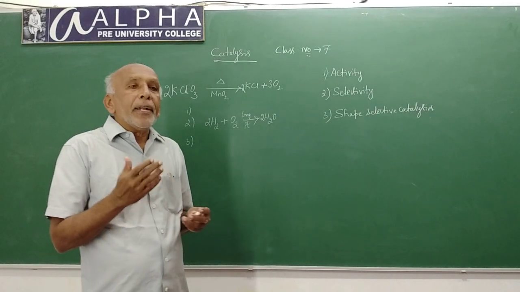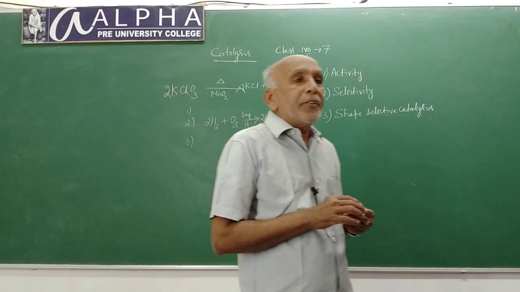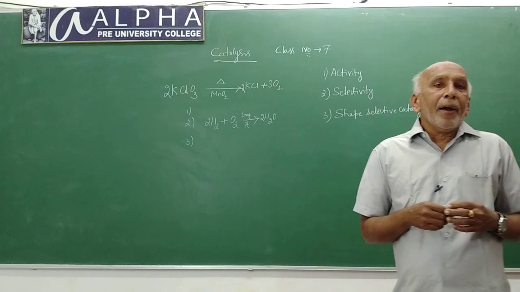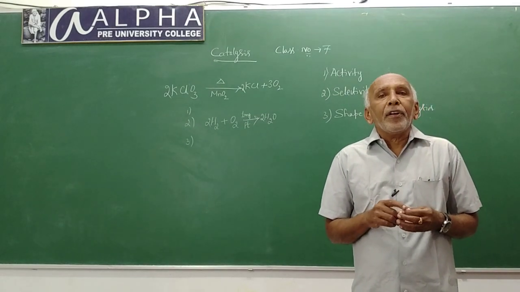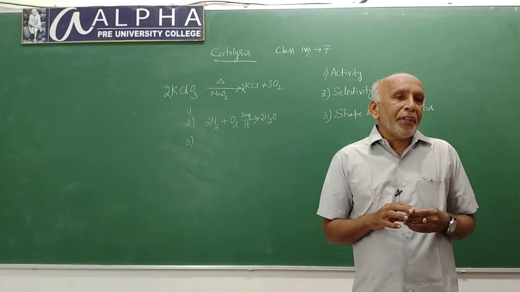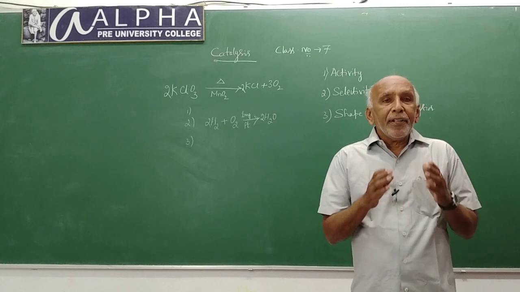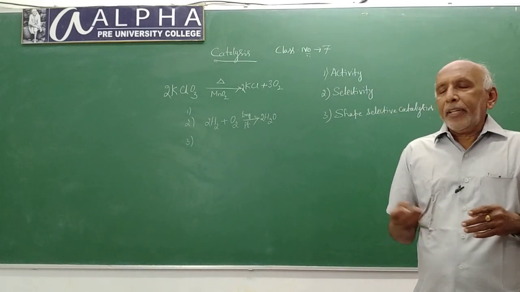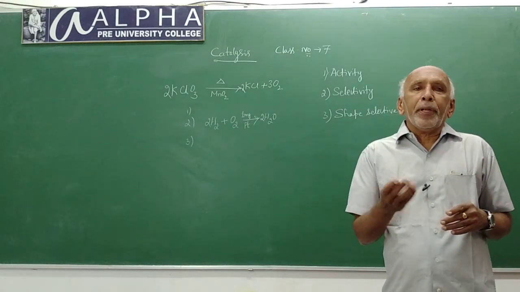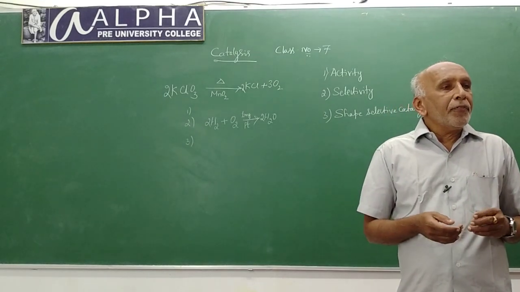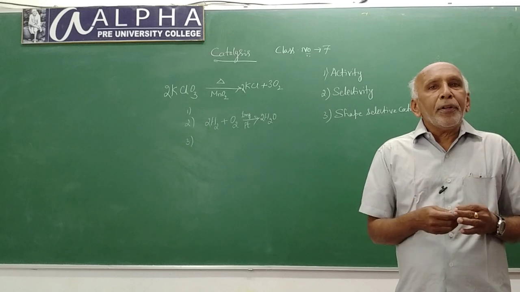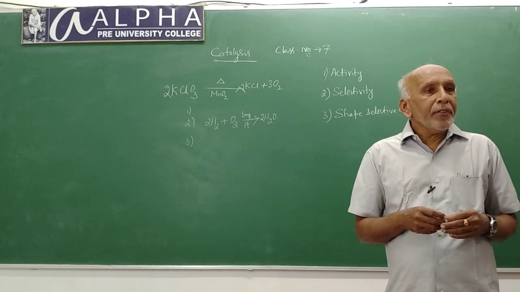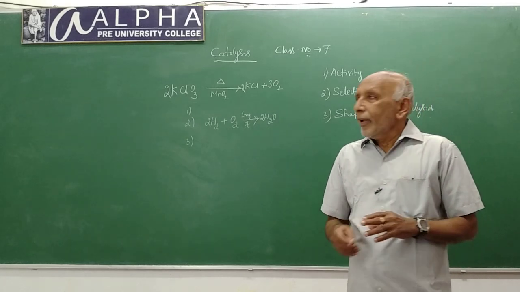The temperature at which the activity of catalyst is maximum, highest, is known as optimum temperature, and it differs from catalyst to catalyst. For example, for nickel, optimum temperature is around 150 degrees Celsius. Copper 200 to 250, platinum 450, so on and so forth.